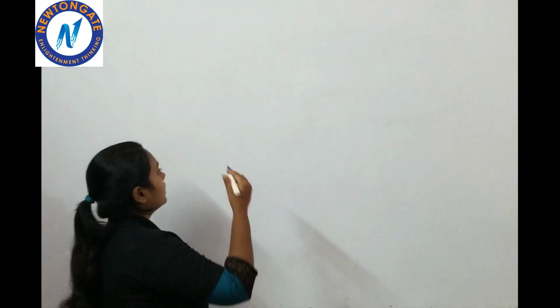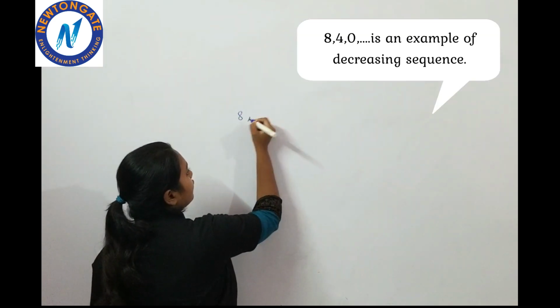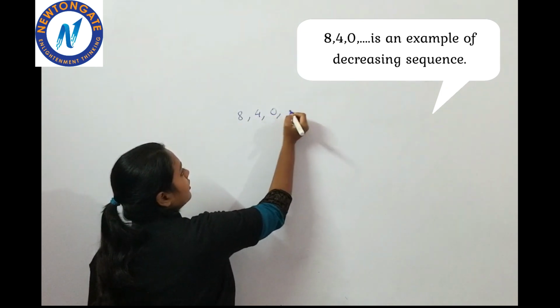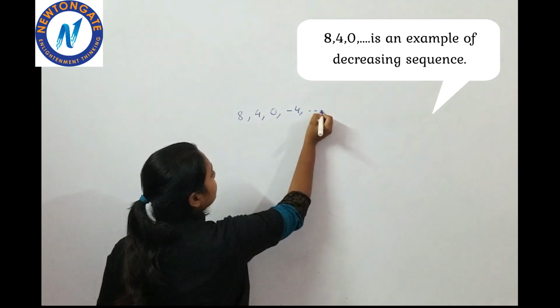If the common difference is negative, then this progression is known as decreasing progression. Let's take an example. 8, 4, 0, minus 4 and so on.